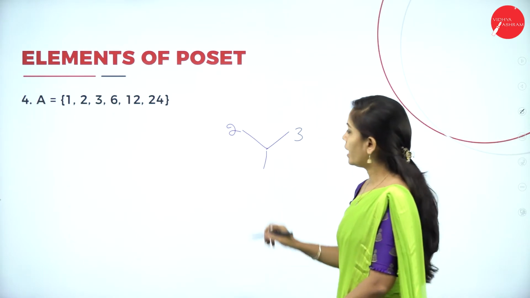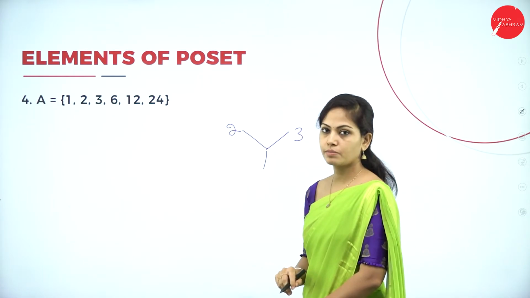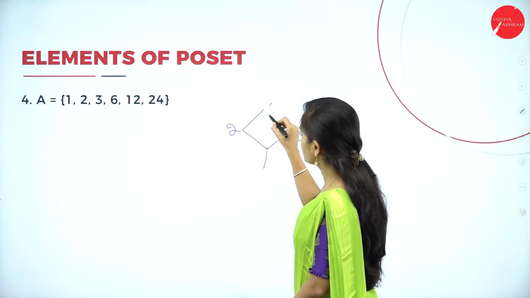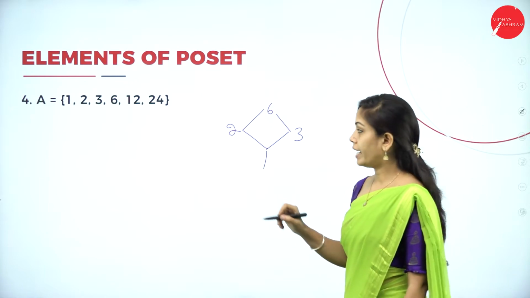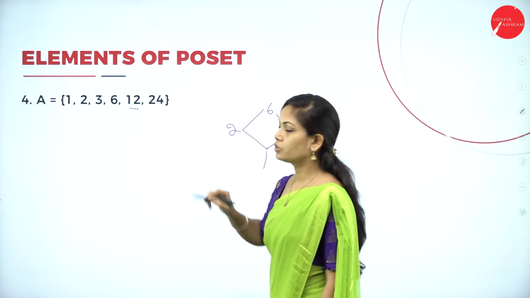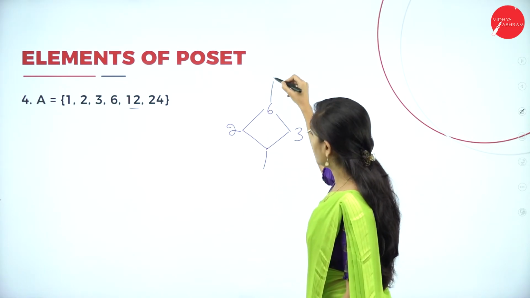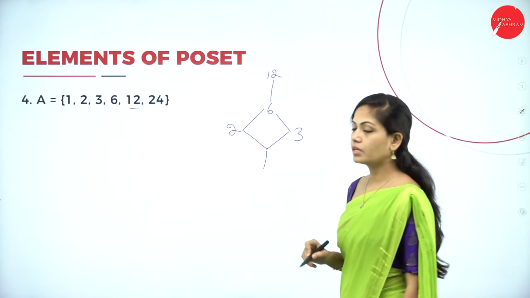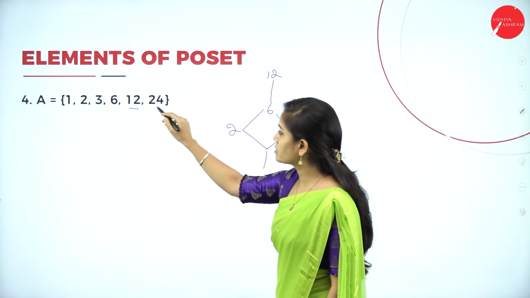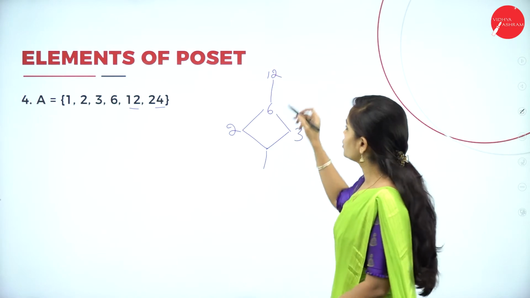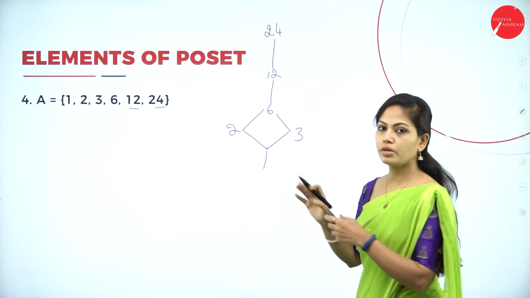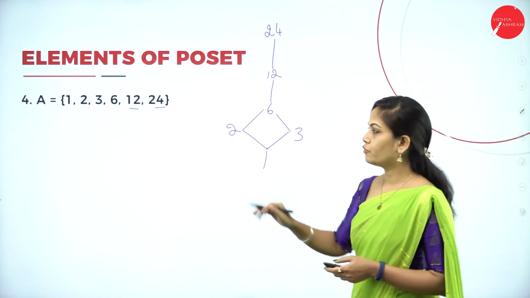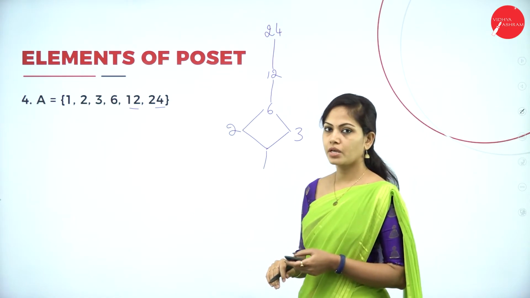And the next element is 6. 2 can divide 6, 3 can also divide 6, right? And the next element is 12. 6 can divide 12, and the last element is 24. 12 can divide 24.